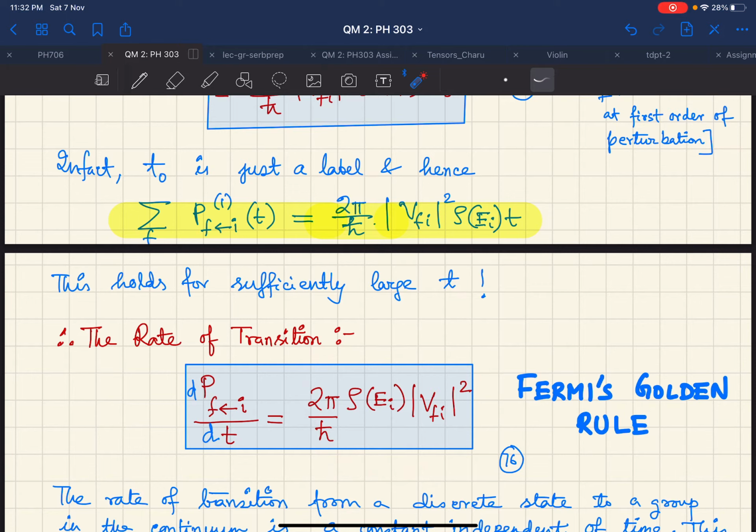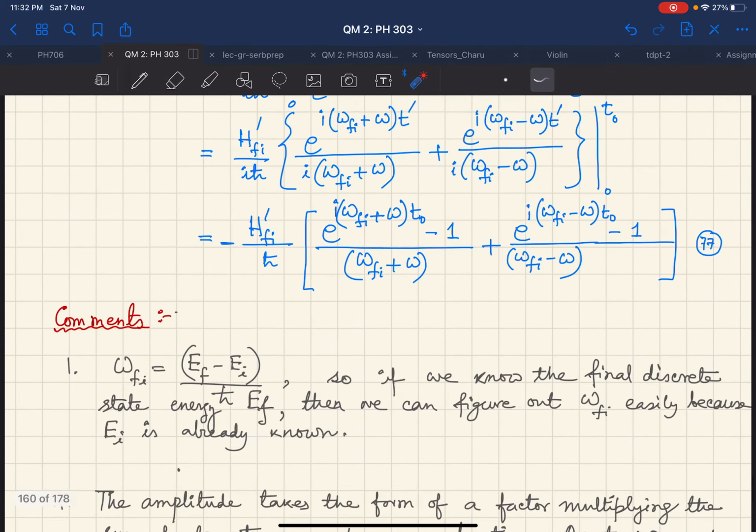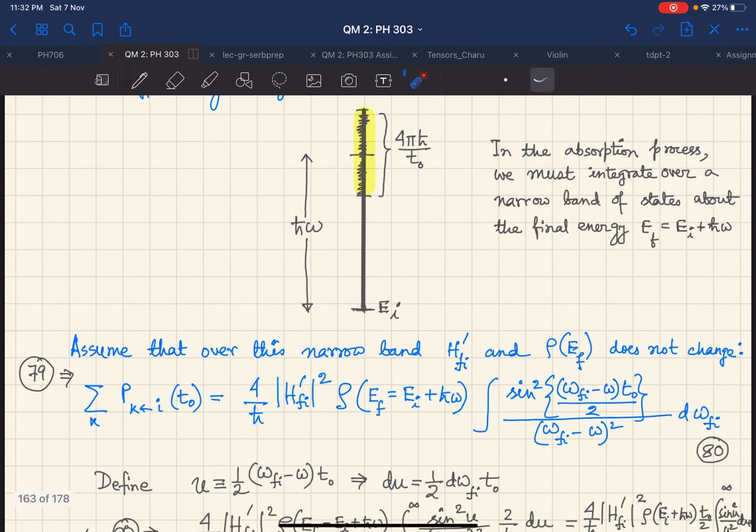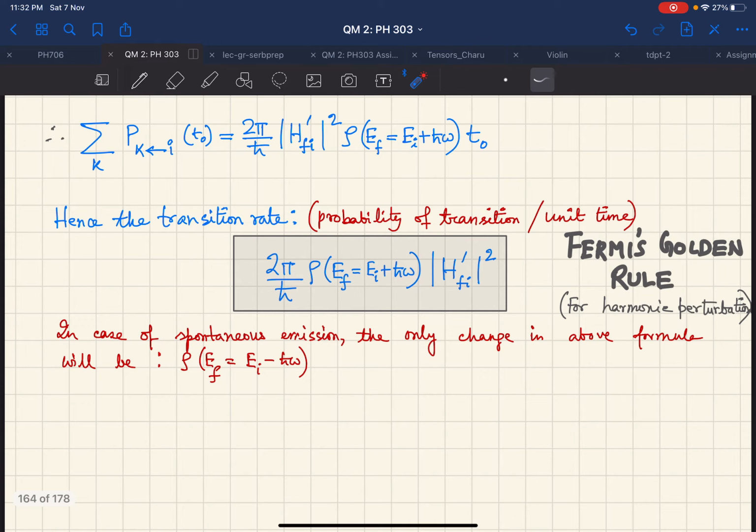Only difference is that there your EF was very close to EI, that is why we had EI, but in our case we will have EI plus h bar omega, and of course there we have VFI mod square, while in our case we will have H prime fi mod square. So this is the difference between the Fermi's golden rule when you have constant perturbation and when you have harmonic perturbation. And in case of spontaneous emission, as I said, you only change this formula: there you replace EF by EI minus h bar omega.